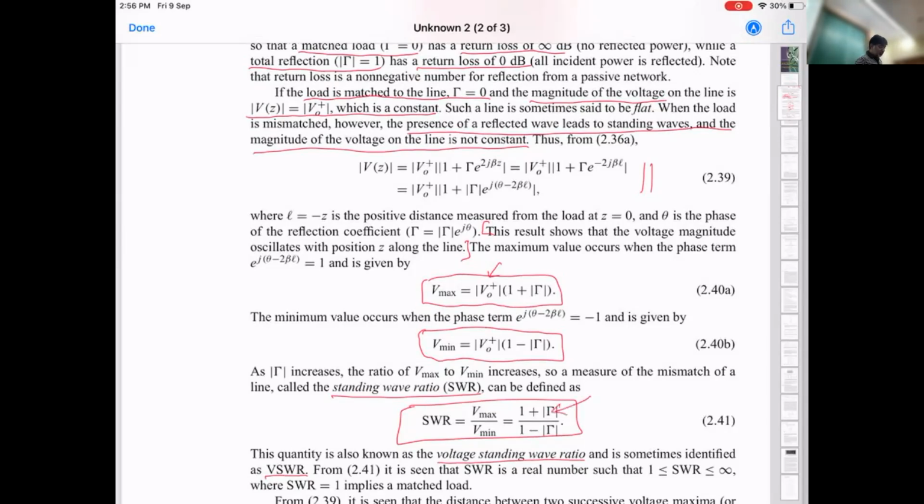VSWR is just 1 plus mod gamma over 1 minus mod gamma. You can see again that when gamma is 0, VSWR is 1, so the perfect match case is VSWR equal to 1. And if gamma is 1, then VSWR is infinity. So the larger the magnitude of VSWR, the worse the matching is. This is just for you to get used to these terms, because you will see them in various things related to microwave frequencies.